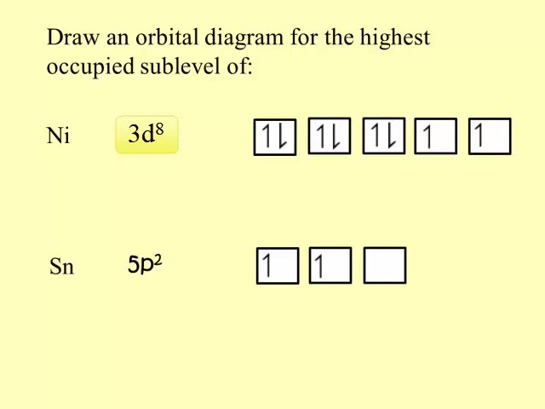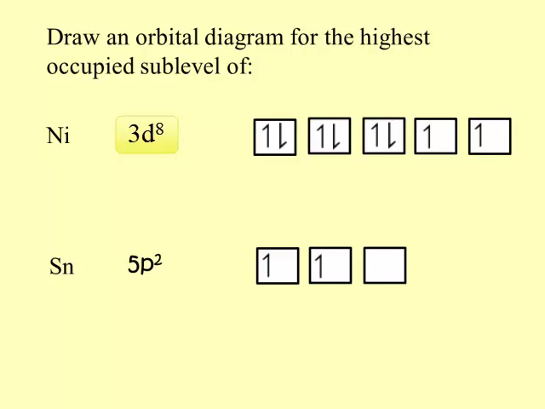A common question that relates to orbital diagrams is how many unpaired electrons are in an atom of blank. Your answer is based off of the orbital diagram for the highest occupied sublevel in that atom. How many unpaired electrons do you see in that orbital diagram for nickel?